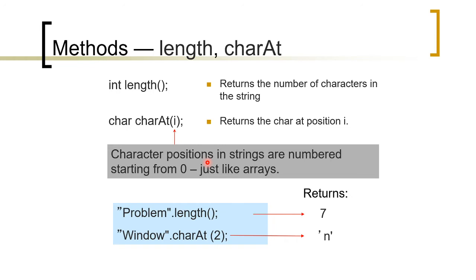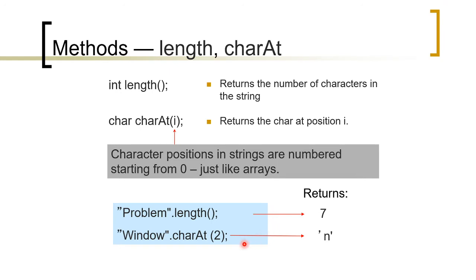So for problem.length, you just need to count, because the length will just return how many characters are in the string. The Java interpreter will just count how many characters. If you count manually, we have 1, 2, 3, 4, 5, 6, 7. So there are 7 characters. So 7 will be returned for problem.length.